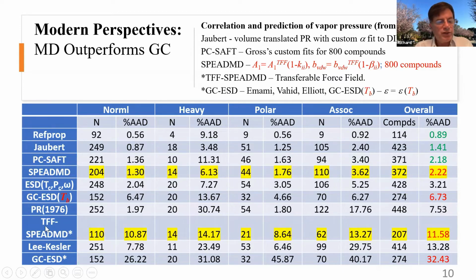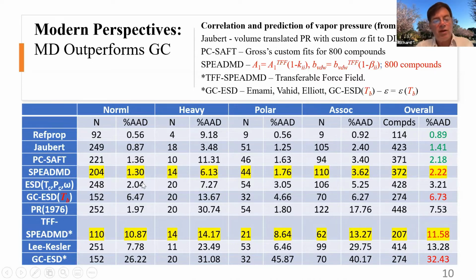And so this is the transferable version of SpeedMD. And what you see is there's not as many compounds in the database. Why is that? Because water is not a transferable compound. Methanol is not transferable. So there are a lot of compounds, nitrogen, oxygen, argon. These are not transferable compounds.